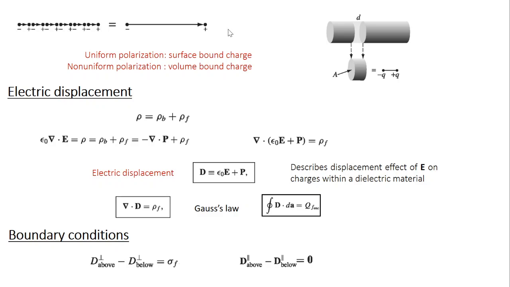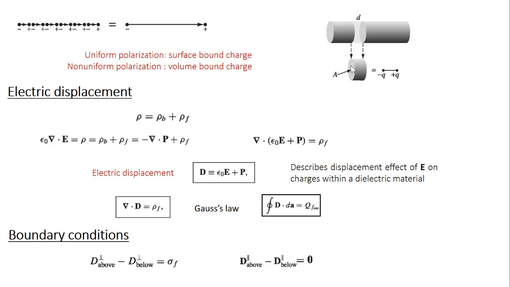So let's quickly look at the case of a three-dimensional object. Suppose you have a cylinder of polarized material. You have dipoles all throughout the material aligned in a particular direction. Now, similar to the case of this line of dipoles, all the internal dipoles cancel each other and you have charges only at the end surfaces.